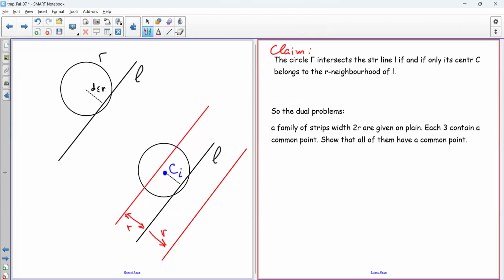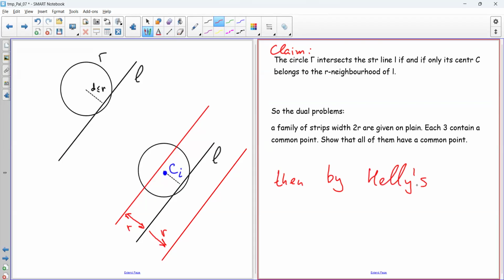So then, by Helly's theorem, and this is somehow similar, or at least reminiscent of what's happening in problems 5 and 6 about circles, polygon, Jung theorem, and so on.